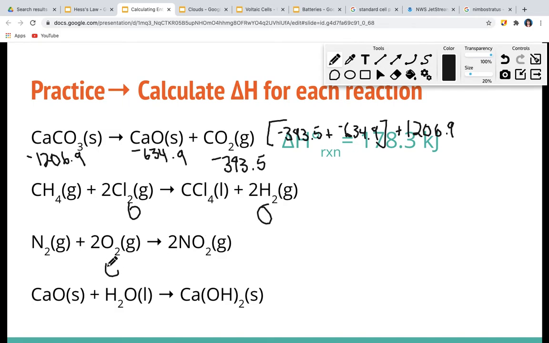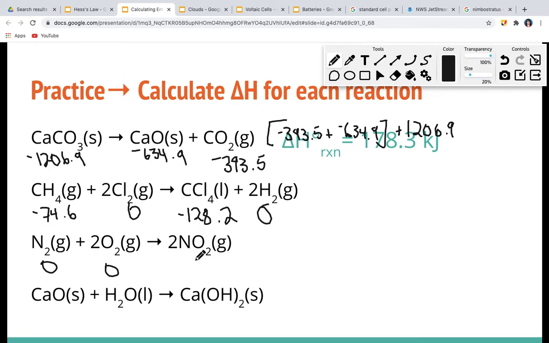Anywhere on here where I have a pure element, I'm just going to put 0 underneath it because I know it's 0. Okay, methane, negative 74.6. CCl4, negative 128.2. NO2.